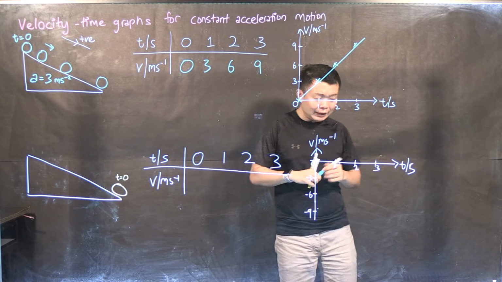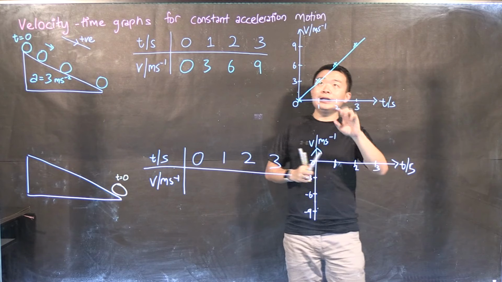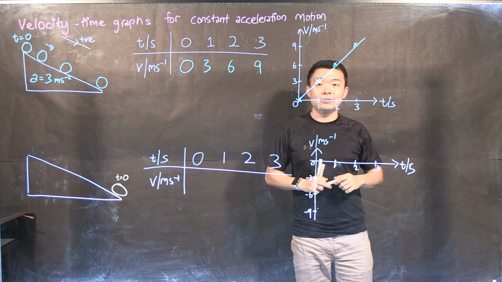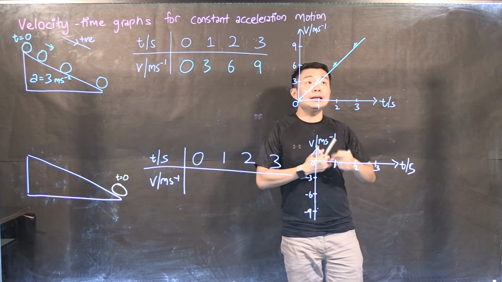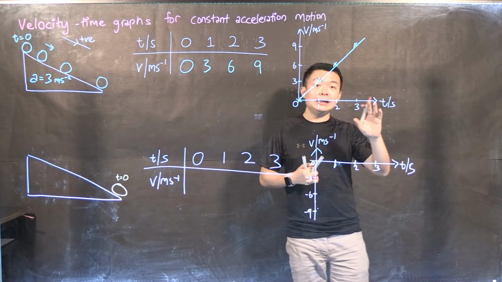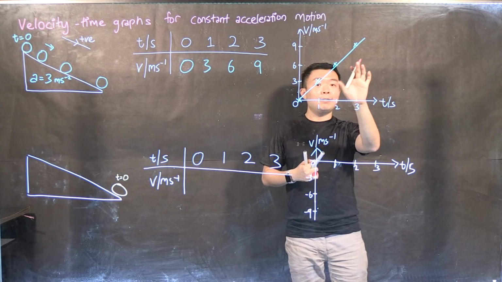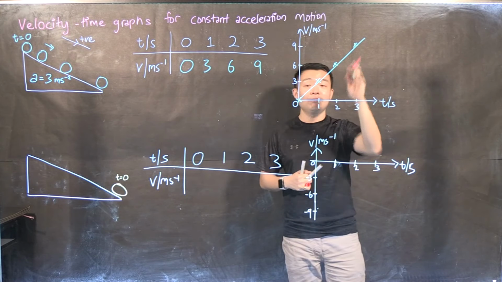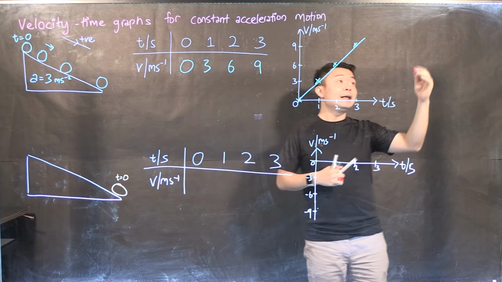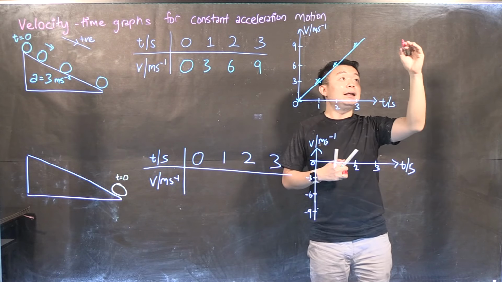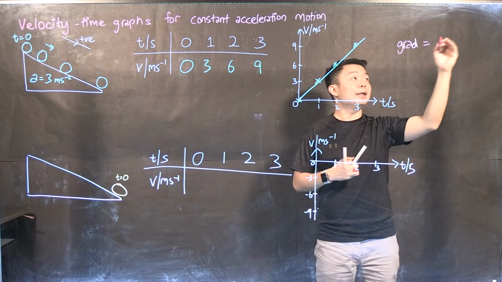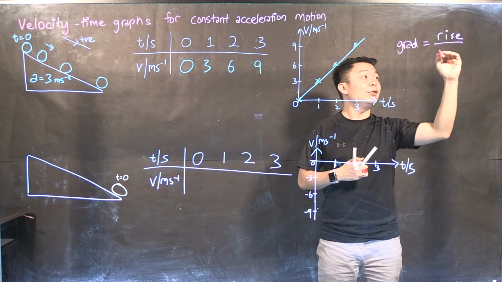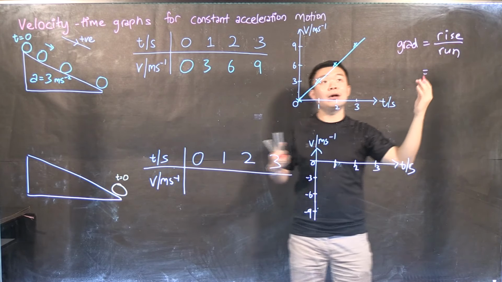Now, there is one more thing about a VT graph that you need to know. That is how to find acceleration. The acceleration of the object can be easily gotten from a VT graph by finding the gradient of the graph. As you would have learned in mathematics, the gradient of a straight line graph is simply rise over run. So I will take two coordinates.